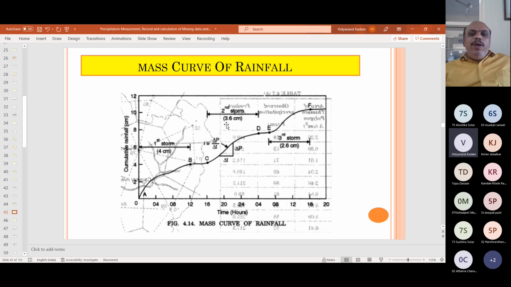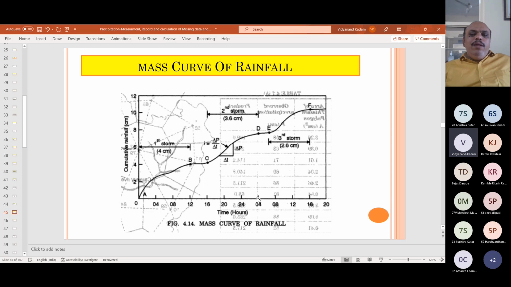Along with this total value, we can find out the intensity of rainfall. Intensity of rainfall I is given as delta P upon delta T. Delta P is the total rainfall, so it is 3.6 divided by delta T. Delta T is the time interval in which this rainfall takes place, so it is from 16 hours to 4 hours.